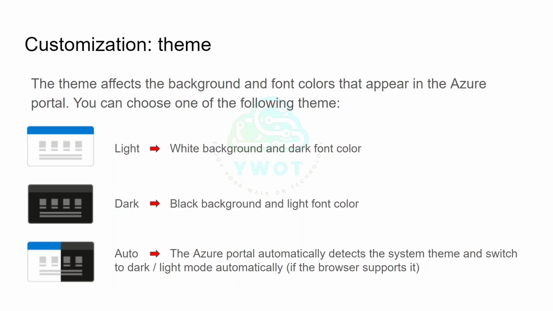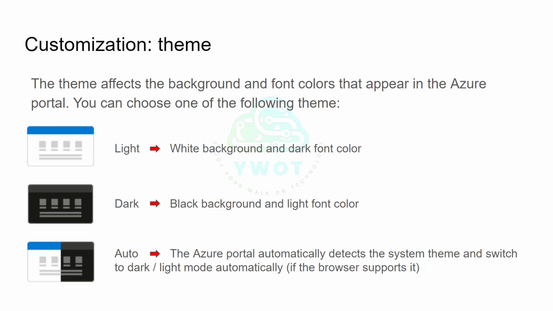Okay, so let's move on and talk about a theme. Here we can choose the background color and the font color that appear in the Azure portal. We can choose between a light theme and the Azure portal will be with a white background and dark font color.